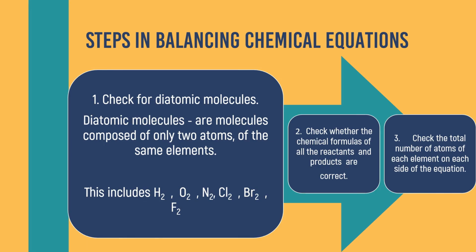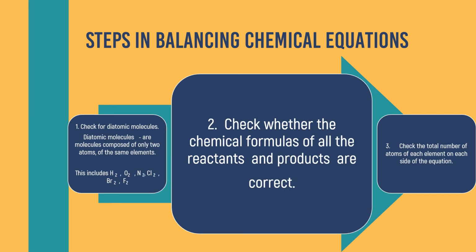Number 1, check for diatomic molecules. What are diatomic molecules? Diatomic molecules are molecules composed of only 2 atoms of the same element. These diatomic molecules include hydrogen, oxygen, nitrogen, chlorine, bromine, and fluorine.